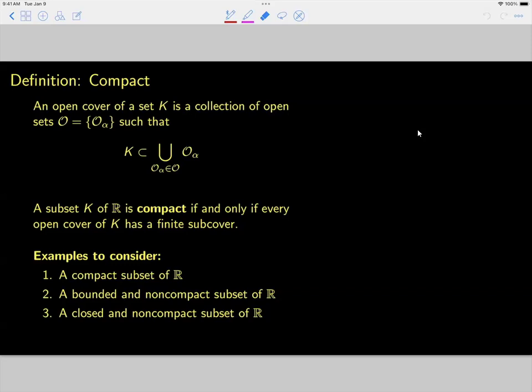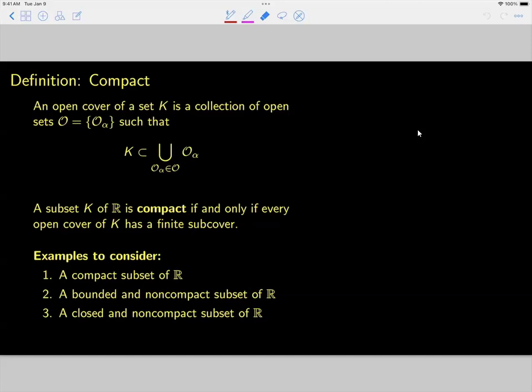And so you notice that there was really nothing special about 1 and 3, right? So maybe any closed interval of the form [a, b] would be compact, right? So by the time we're done, we'd like to have some idea of what the compact subsets of the real numbers are. We might want to think about a bounded and non-compact subset of R.